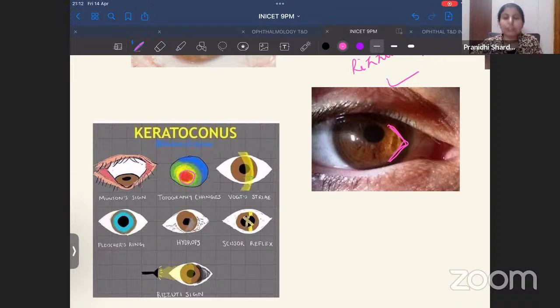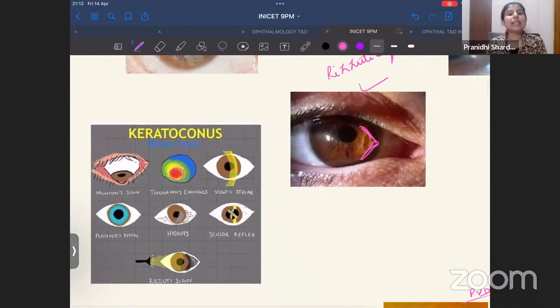This red area in the topography shows the thinning of the cornea in the area where it has assumed the conical shape. Other signs are fissure rings, hydrops whenever there is accumulation of fluid in the cornea, scissoring reflex in retinoscopy, and Rizzuti sign, where we shine the torch from the temporal side of the patient looking forward and see a conical projection on the nasal side.